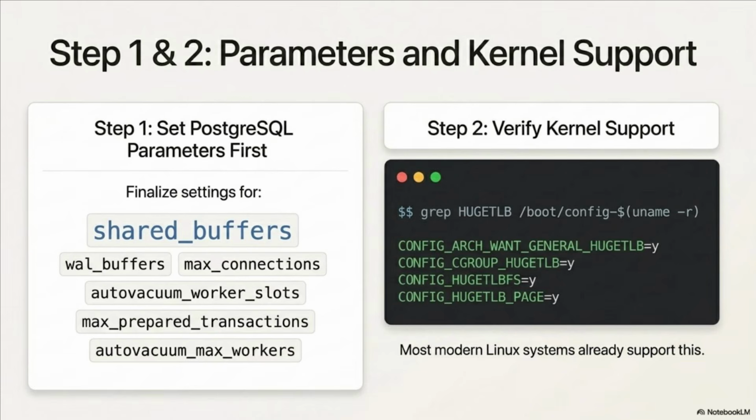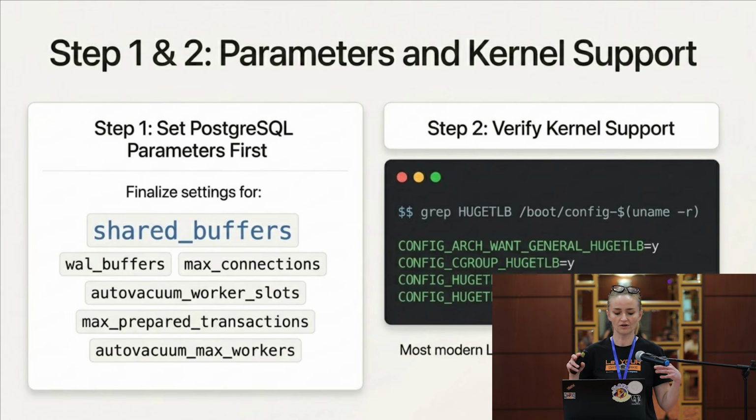Okay, so what you should do to set HugePages in your Linux system. If some of you are on a managed platform, you just need to enable that and that's all. But for those of you who are not, first set all the parameters you want to set for Postgres.